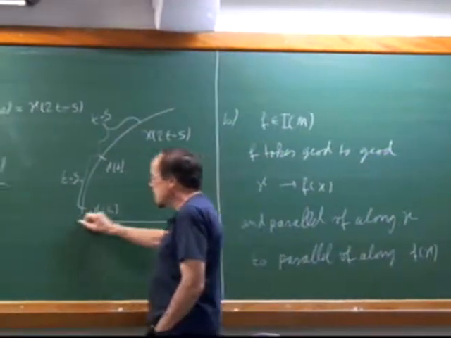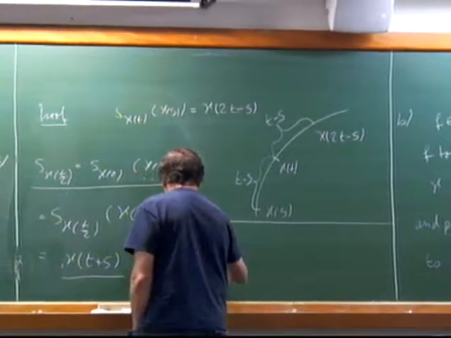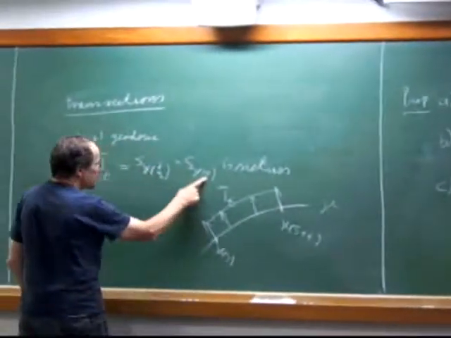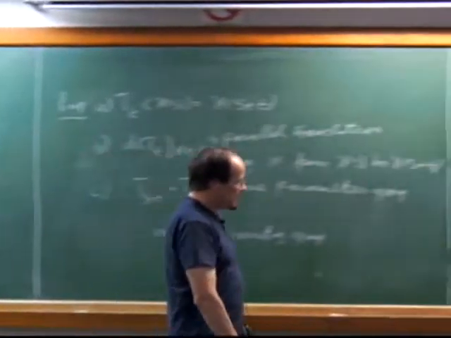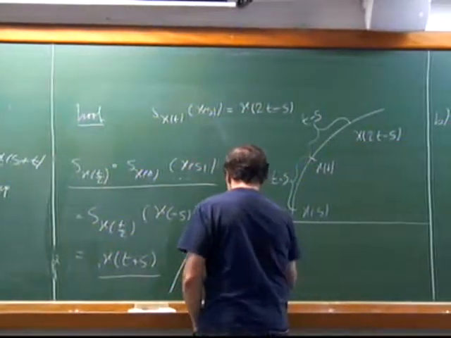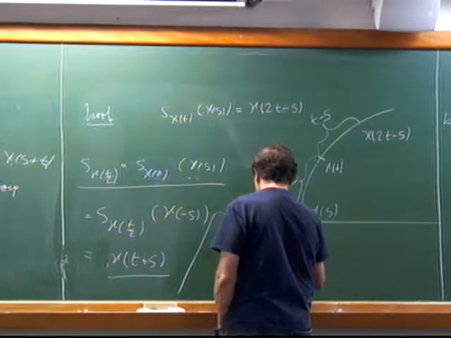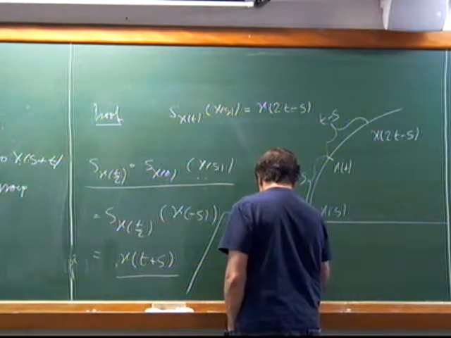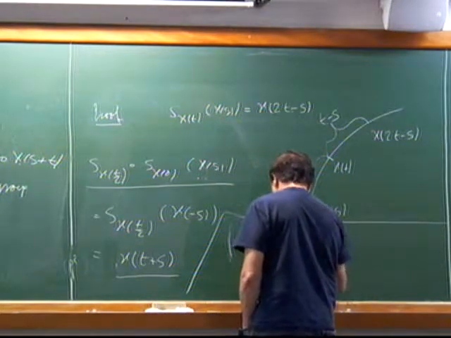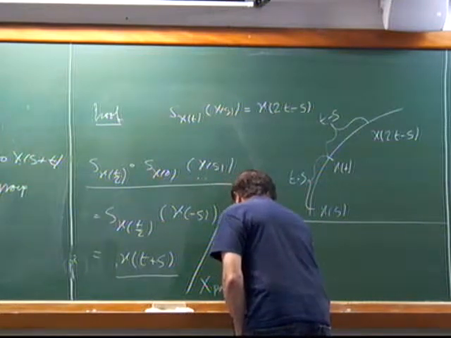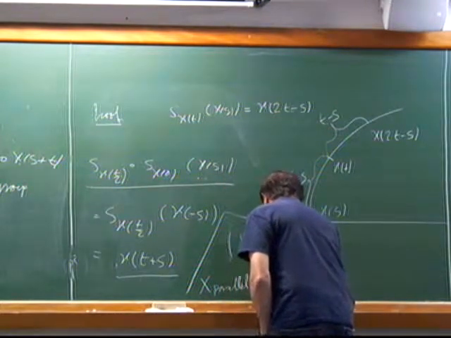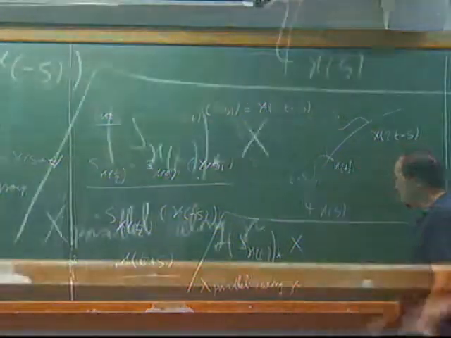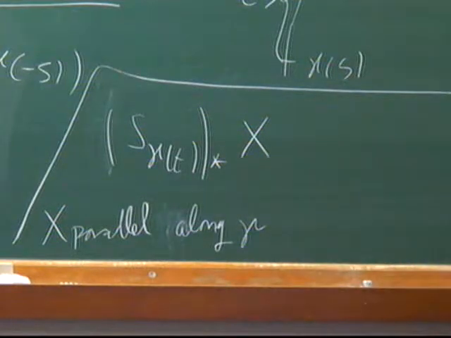So what does T do? Well, it's a composition of two things, and both of these are isometries. So let's do a general t for the moment. Let's say X is parallel along gamma. Then I take the image under this isometry of the vector field X along gamma.